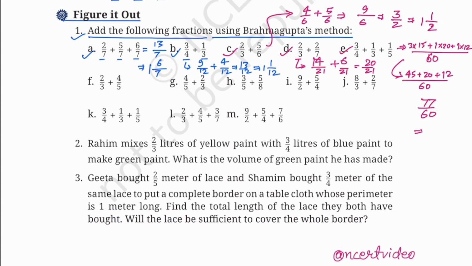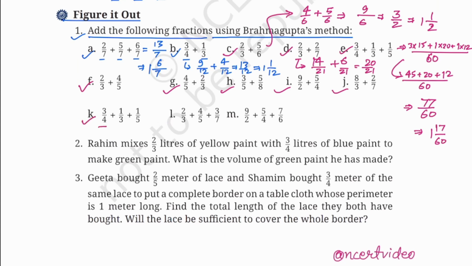It can be written as 1 whole 17 upon 60. Similarly, you can try F, G, H, I, J. I am doing K, L, M.